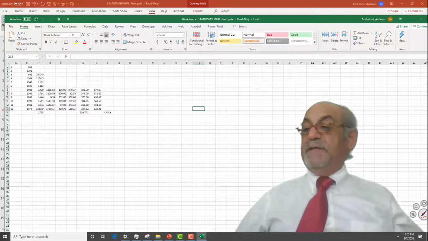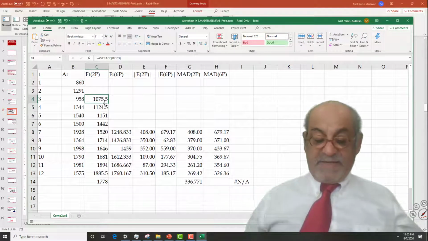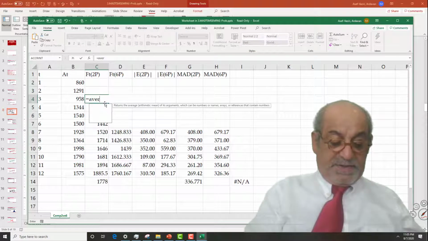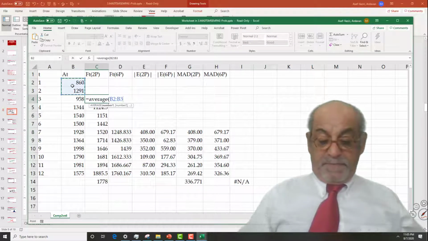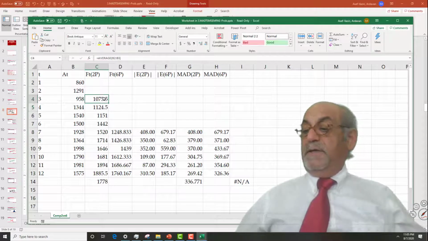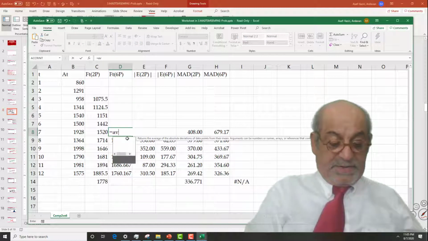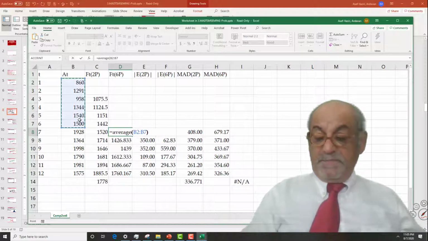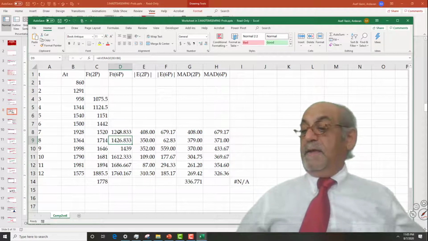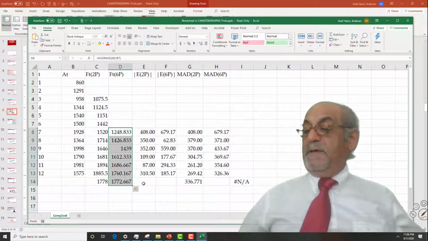This is my actual data. This is 2-period moving average, equal to average of the first 2 periods. Enter, copy it down all the way, equal to average of the first 6 periods. And then copy it down, and this is the forecast.